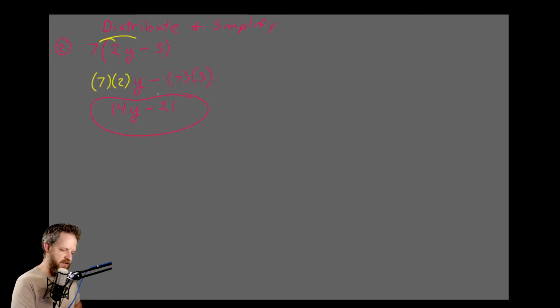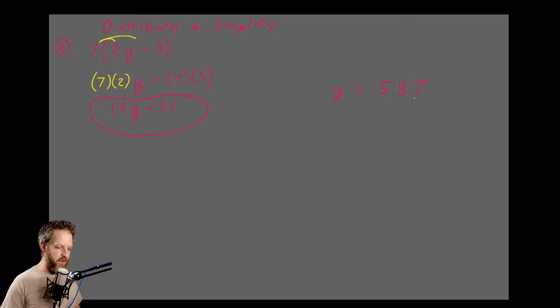14y minus 21. Now you notice I circled, right? I didn't end up with y equals 587 or some other nonsense like that. The reason that you can't end up with just a number answer on these is because there's no equals. And so it's a little scary when we first do it.